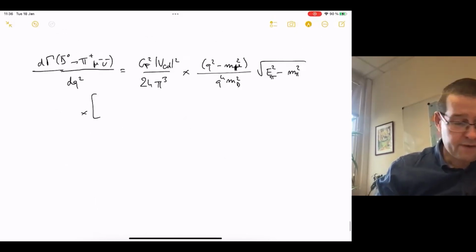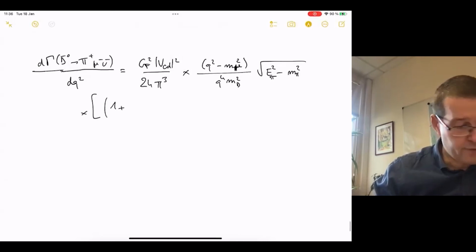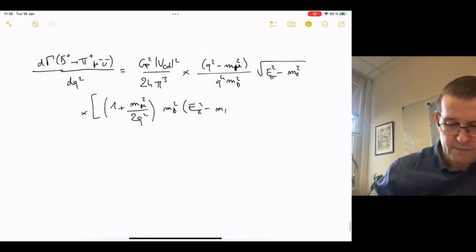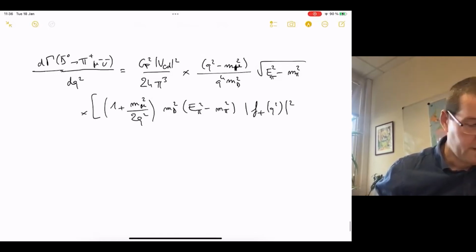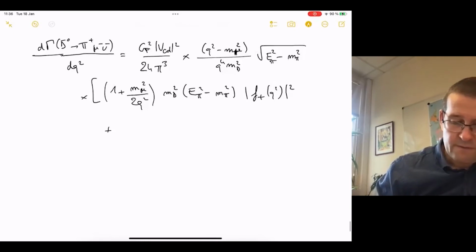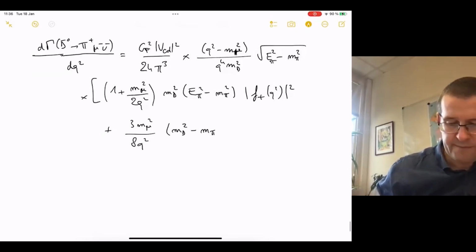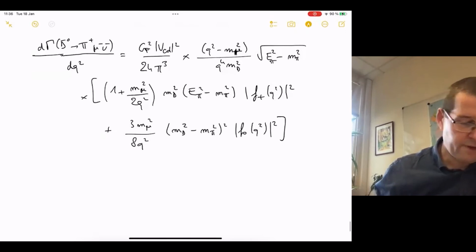And then you will have terms that will be proportional to the various form factors with kinematic factors in front. I'm just writing that for the sake of the demonstration.